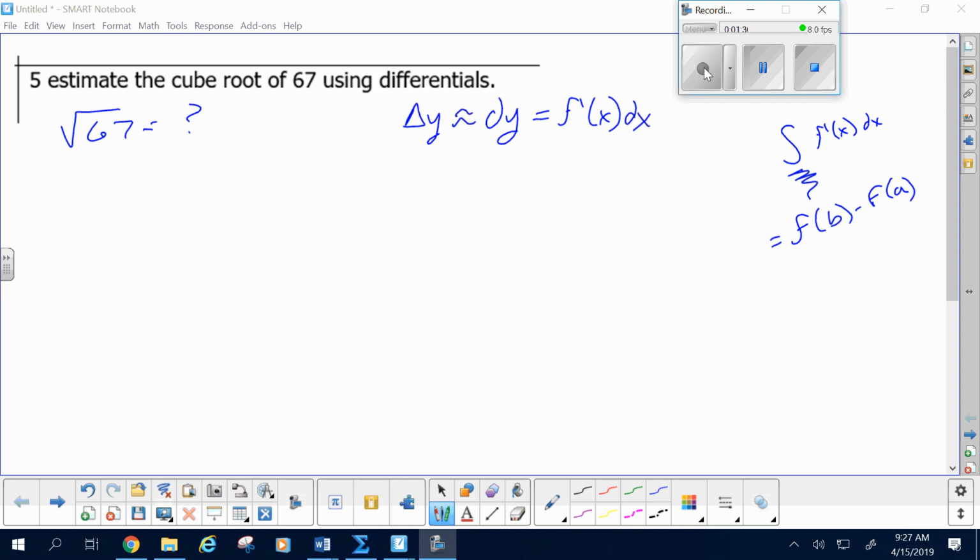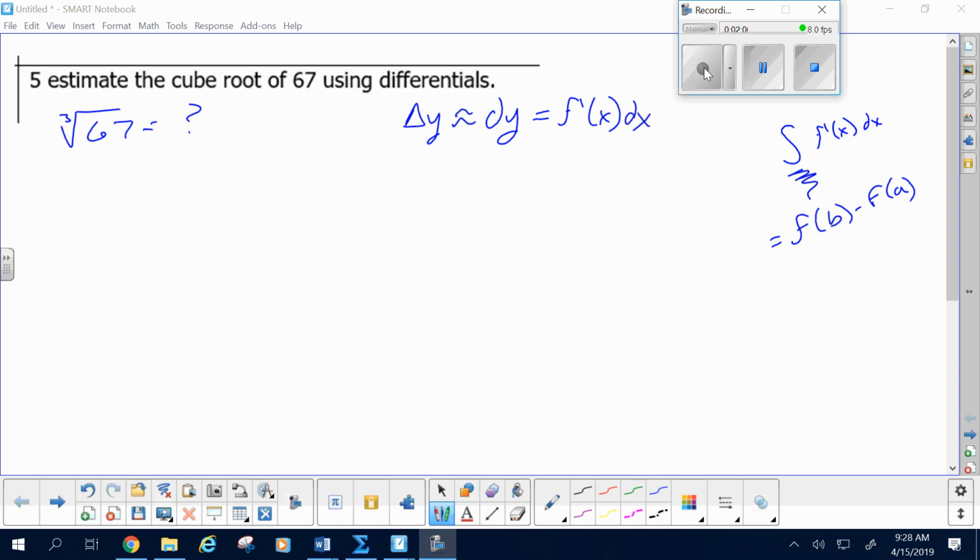It gives you change. Now then, the question is, all right, I understand the big idea, I'm with you. How do we adapt to this situation? Well, in this case, think of a starting point, and then what does change have to do with it? What's the starting point? Cube root of 67 is close to a starting point of 64.